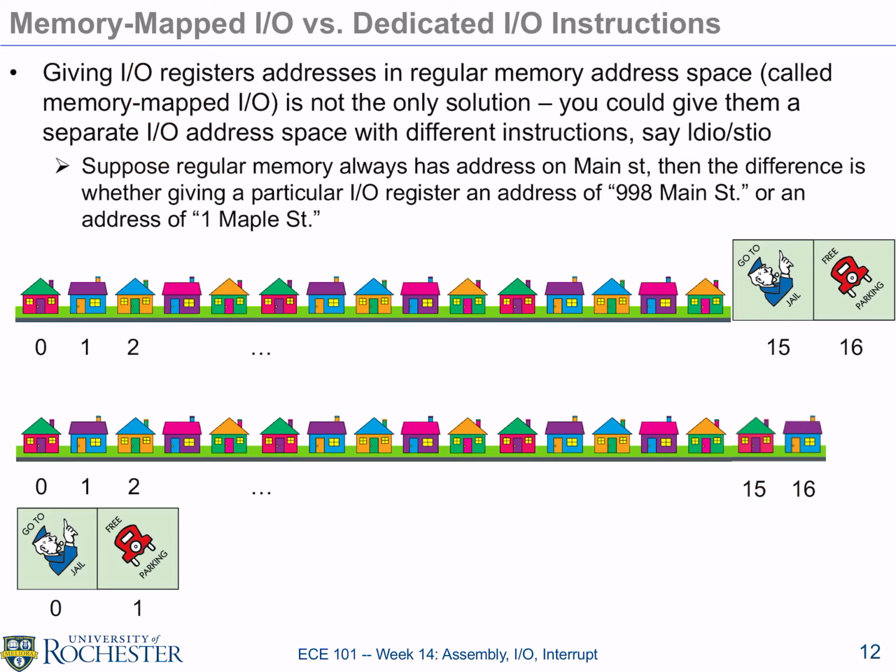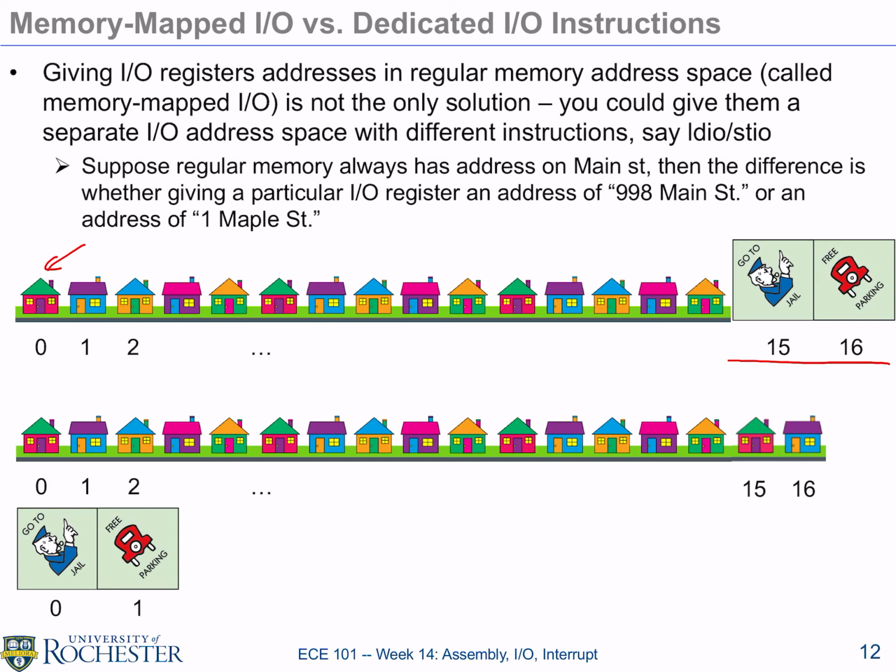There are 2 ways to do this. I can dedicate some addresses at the end of my address space. That would be the top picture over here. I have regular memory, so address 0 is just memory. You put some stuff in it, you can read it out, and so on. But at the end of the address space, maybe I reserve a couple of spaces where each one is special.